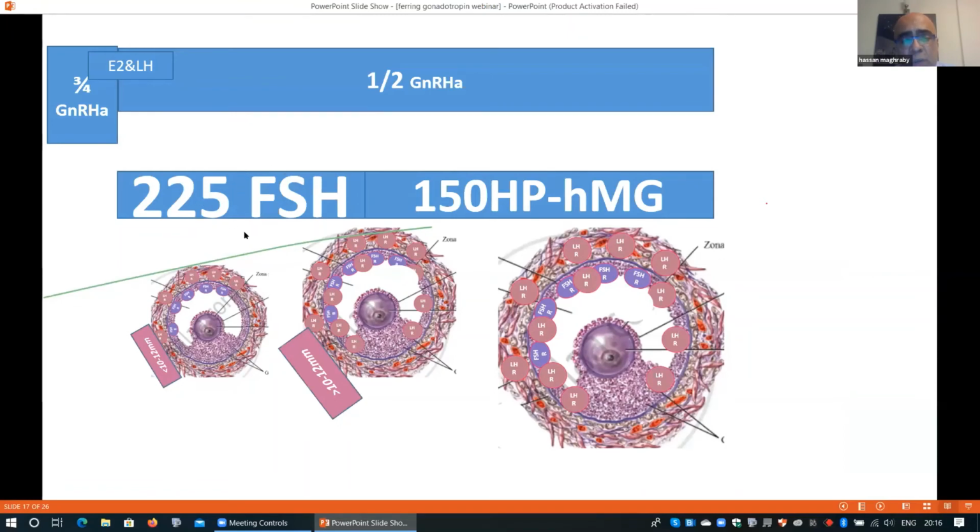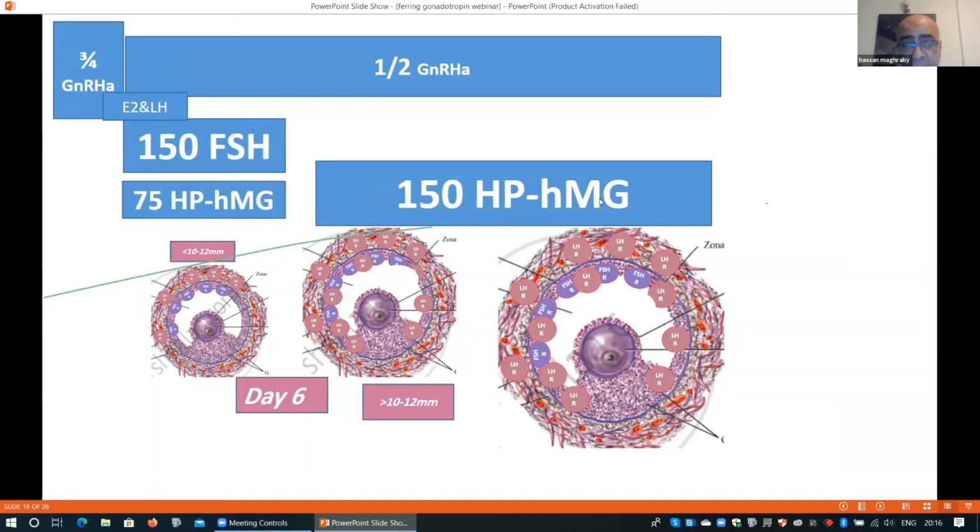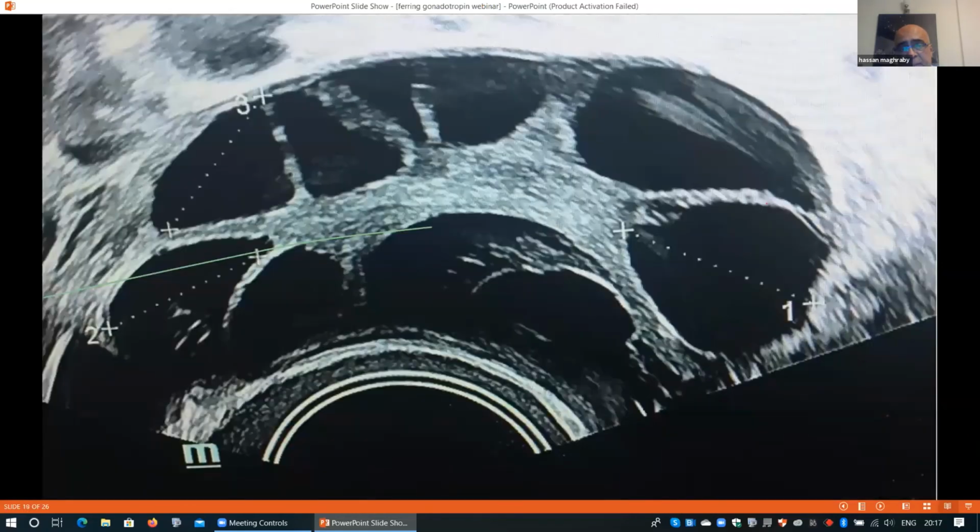FSH is given only when follicles are small till day 6, or when follicles exceed 12 millimeter, and then 150 highly purified HMG is given. The other protocol, 150 FSH and 75 highly purified HMG till size 12, and then 150 highly purified HMG till the criteria of HCG are attained.